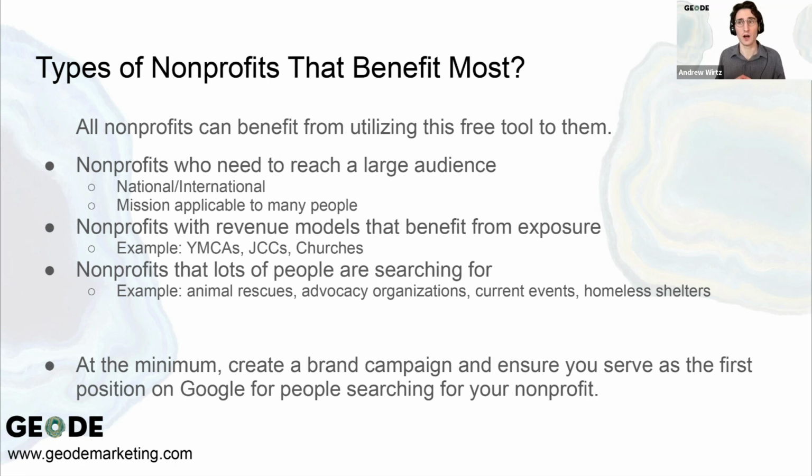But in general, who benefits the most from this, I would say, would be nonprofits who reach a national audience. As you limit your geo-targeting, you're also limiting then the amount of searches that people are seeing. So if you have a really local, small nonprofit, sometimes it's hard to spend a decent amount of money of that $10,000.